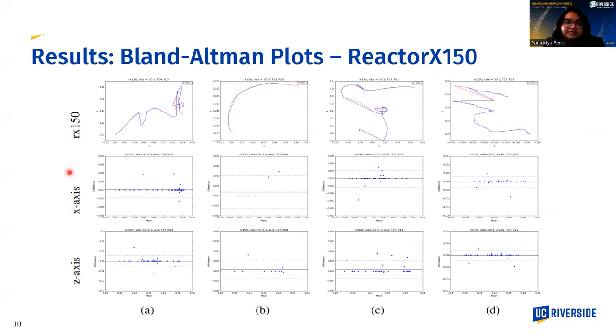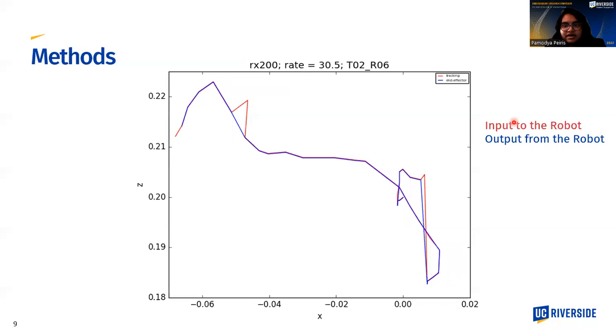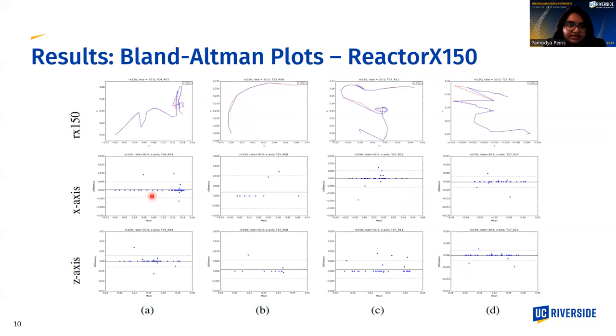And so these are the plots. The bottom two rows are the Bland-Altman plots. On the x-axis, it shows the mean, and on the y-axis, it shows the standard deviation. This dotted line shows the 95% limits of agreement around the mean.